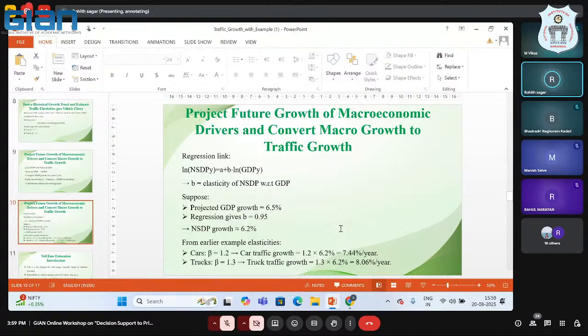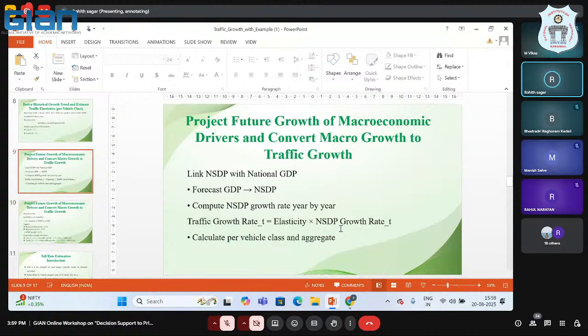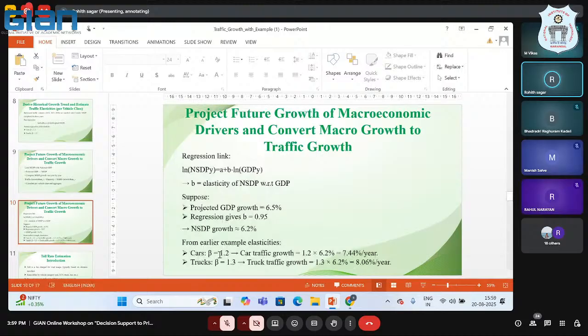When we multiply the projected GDP growth rate of India with the elasticity values from the log linear regression, we get the future forecasted NHDP growth rates. Multiplying these with the elasticity we found before, like 1.2 for car, we get the traffic growth rate. This is for the base year, 2020. If we calculate for 2025 or 2030, the growth percentage will be different.